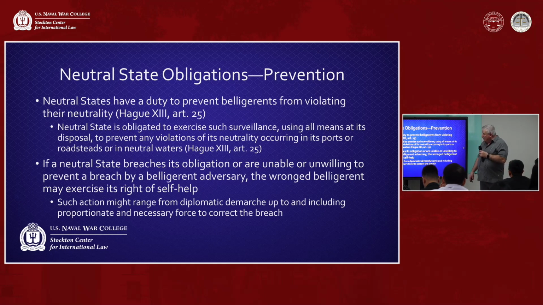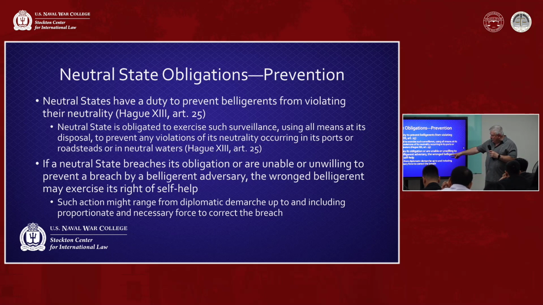There's a duty on the part of the neutrals to prevent the belligerents from violating their neutrality. In that case, the neutral has an affirmative obligation to exercise surveillance using all means at its disposal to prevent any violations of its neutrality by the belligerents.